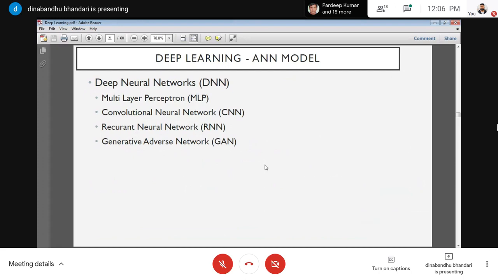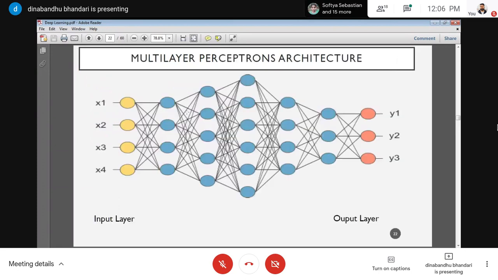Now, all these things came up or were devised, you can say, to handle different types of problems. Say for multi-layer perceptron, here I'm demonstrating only 4 nodes. You may have millions of nodes, or maybe thousands at least. If there are thousands, it should be 100. Maybe it will increase and then again it will be the same. Maybe three outputs, right? 3 classes or something like that. So this is a deep neural network example.